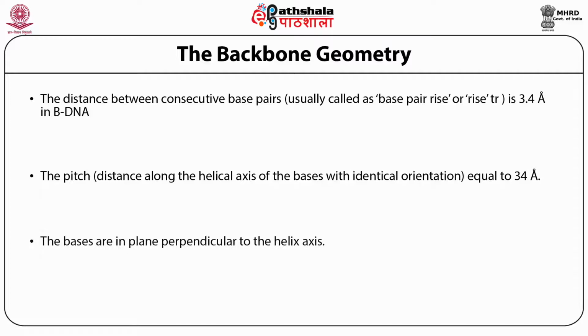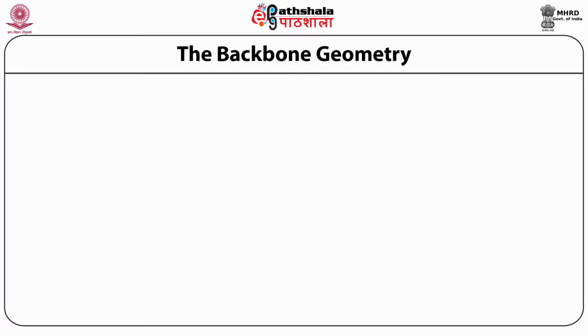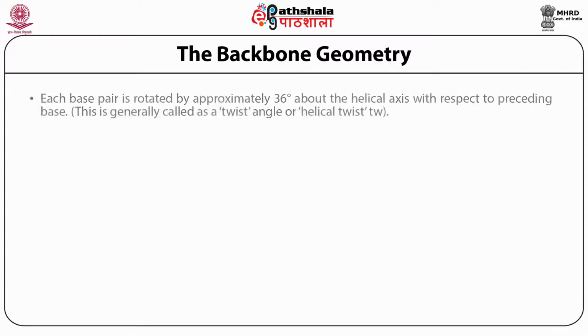The bases are in plane and perpendicular to the helical axis. Each pair is rotated by approximately 36 degrees about the helical axis with respect to the preceding base. This is generally called a twist angle or helical twist.